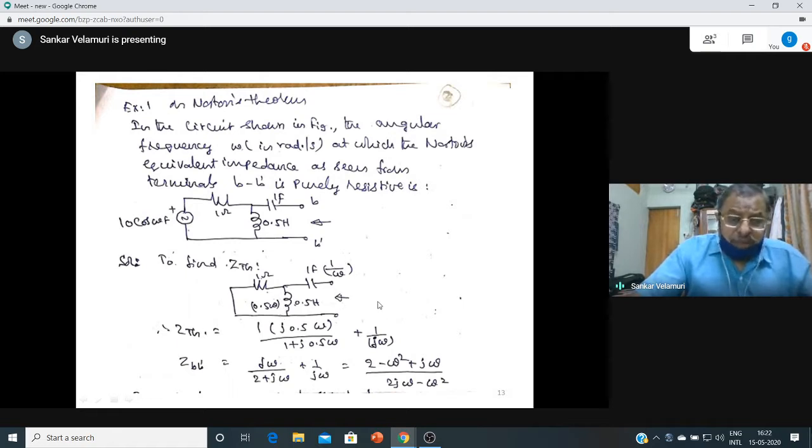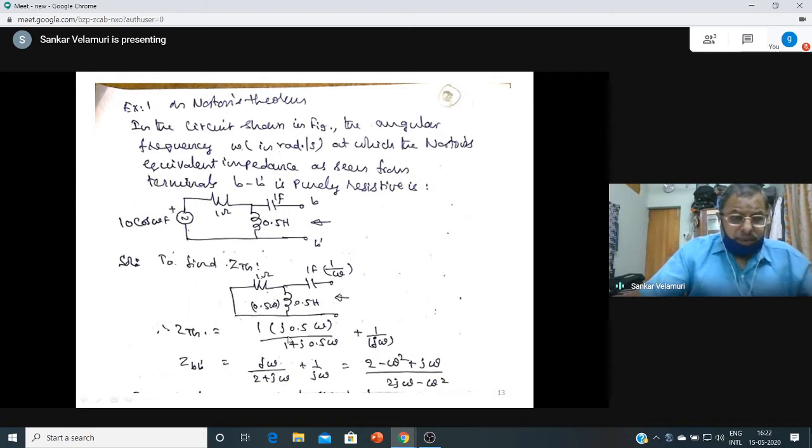So as viewed from these terminals, Z Thevenin to be obtained is 1 into j0.5 omega divided by 1 plus j0.5 omega, the corresponding parallel equivalent impedance, plus 1 over j omega C, rather 1 over j omega.